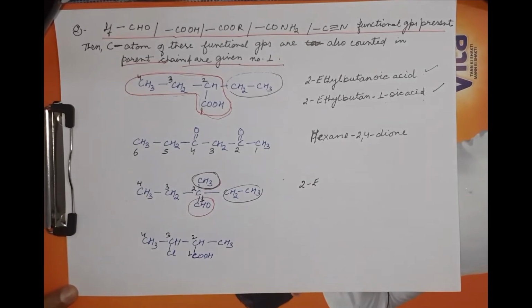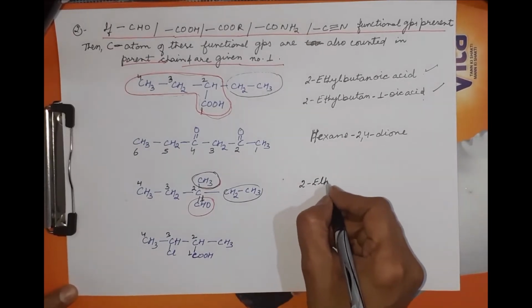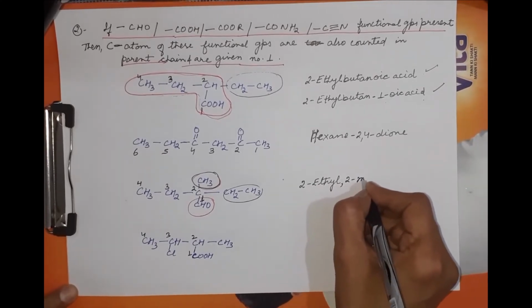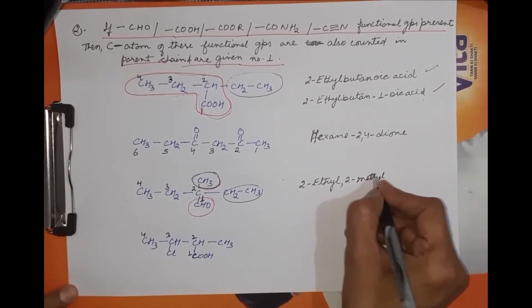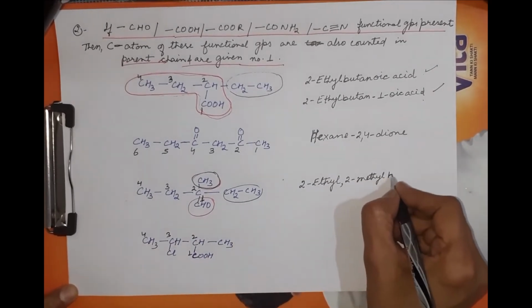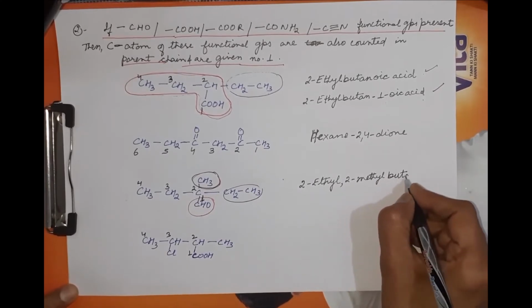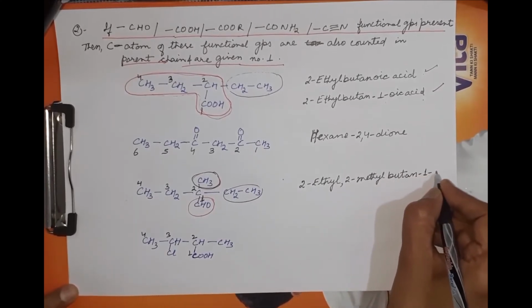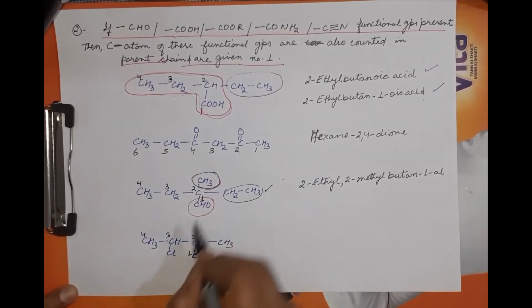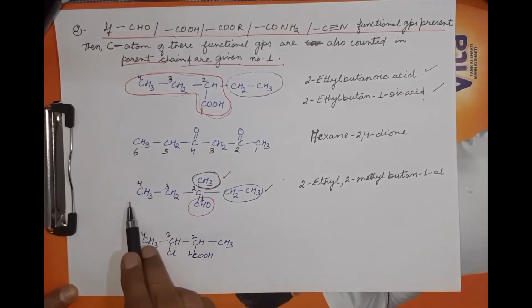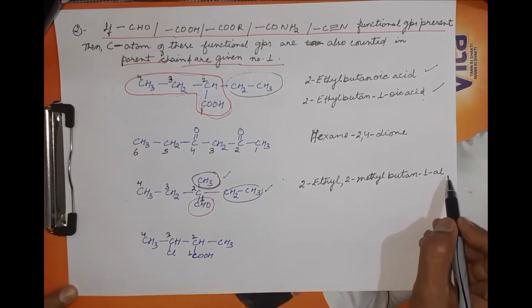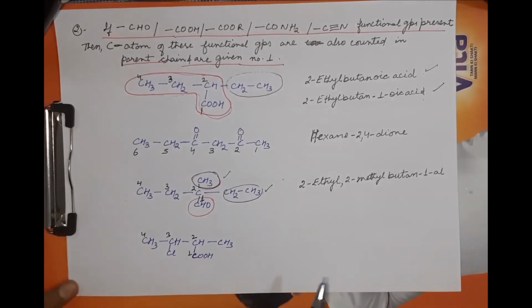First we will write 2 ethyl and then 2 methyl. 2 ethyl, 2 methyl, 4 carbon atom chain, butane, 1 al. Because al is added for the aldehyde group.